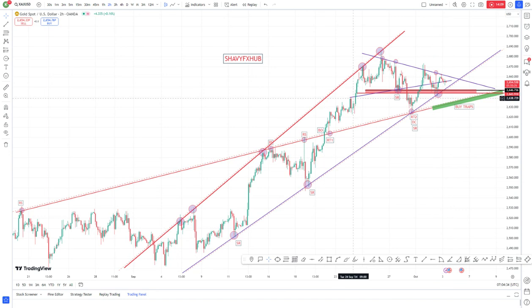So this is resistance on 4 hours, a break of a resistance level, retest. Price came back, retested, a breakout from a resistance level. Price came back, broke it, but retested, and we are making our way back. This is 4 hours candle.